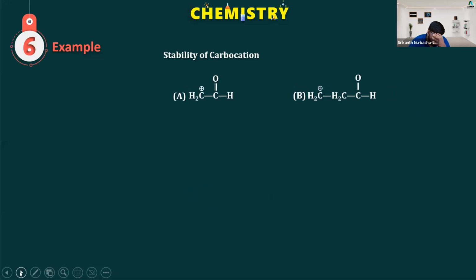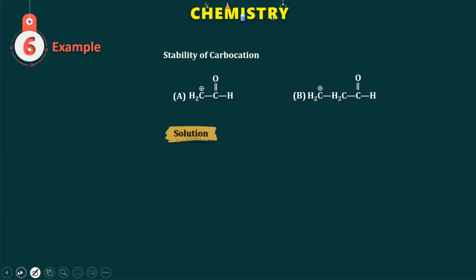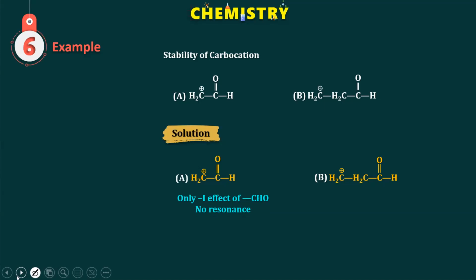Compare here: CH2+-CH=O and CH2+-CH2-CH=O. B is more stable than A. Why?